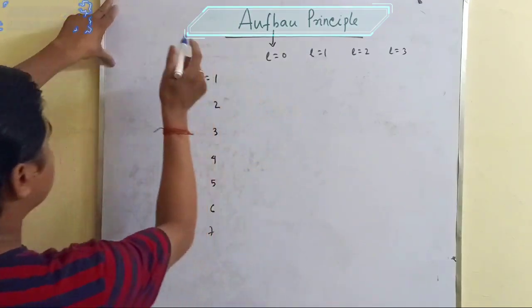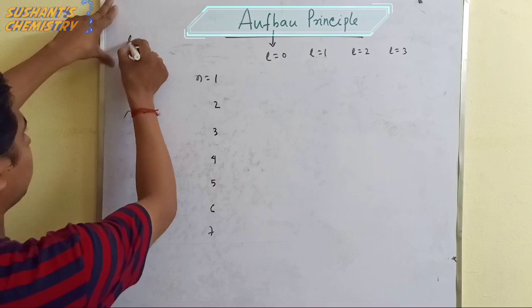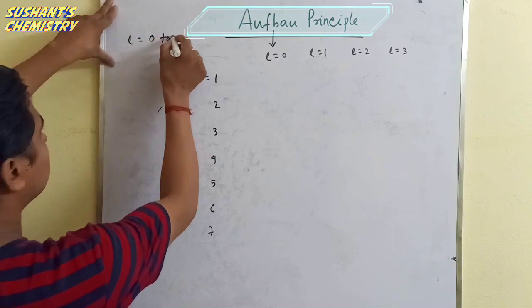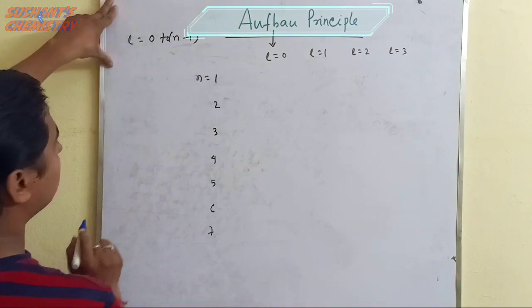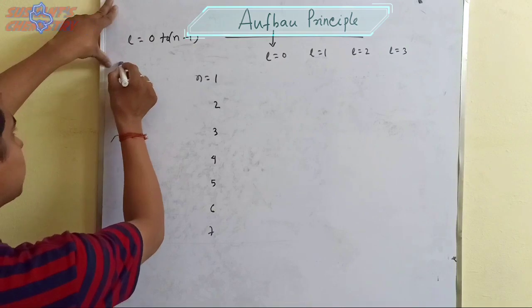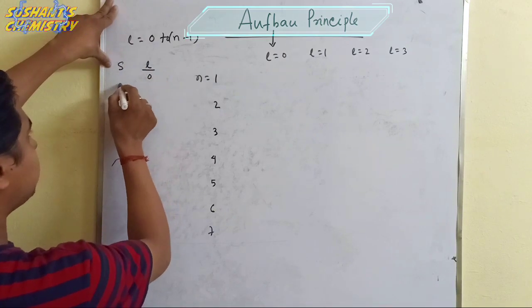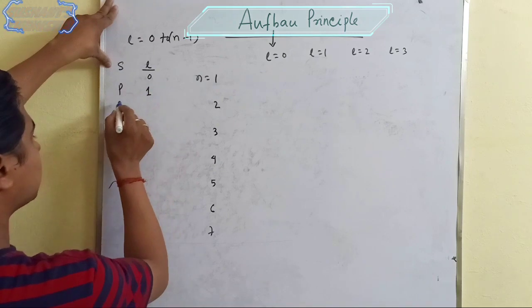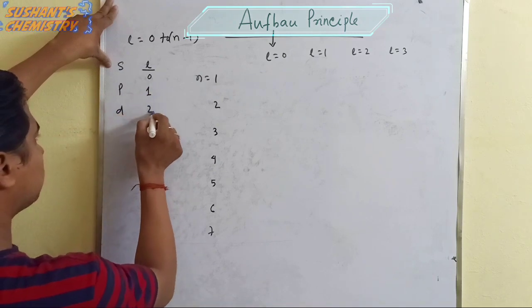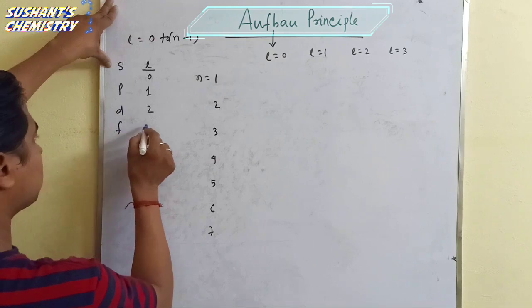We know that the value of l equals 0 to n minus 1, and that for s subshell l equal to 0, for p subshell l equal to 1, for d subshell l equal to 2, for f subshell l equal to 3.